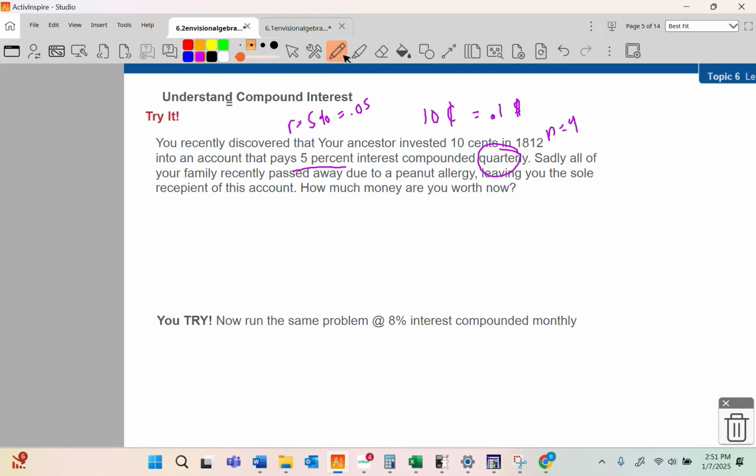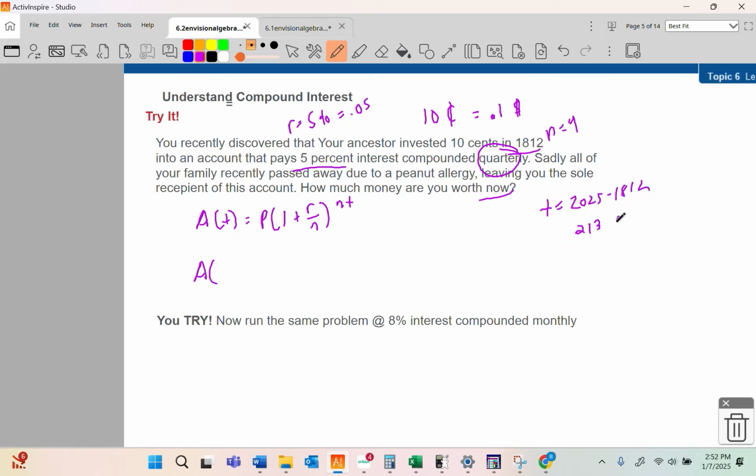So we're going to plug into the compound interest formula because it talks about compounding quarterly. After some time passes, we have principal times 1 plus r over n raised to the nt. Now, this was in 1812. How much are you worth now? Your time is going to be 2025 minus 1812, which is 213 years.